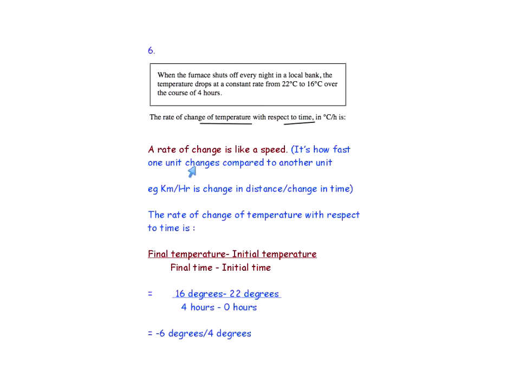It's how fast one unit changes compared to another unit. And if you think about something like kilometers per hour, that's the change in distance divided by the change in time. Okay, so you can see that this is the way we're going to calculate this question, and you would then just have to plug that in on your calculator.